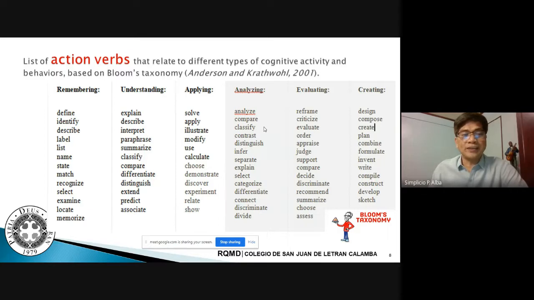And you have there the list of action words. Define, identify for remembering; explain, describe under understanding; solve, apply under applying; analyze, compare under analyzing; defend, criticize under evaluating; design and compose under creating, and so on and so forth.